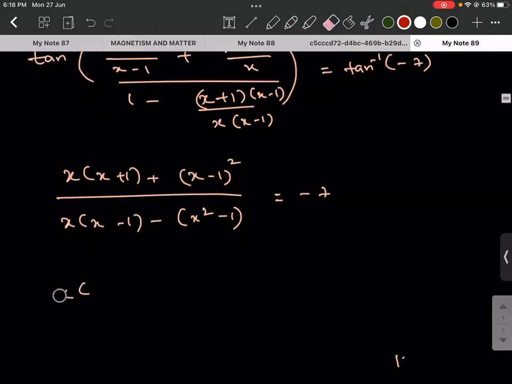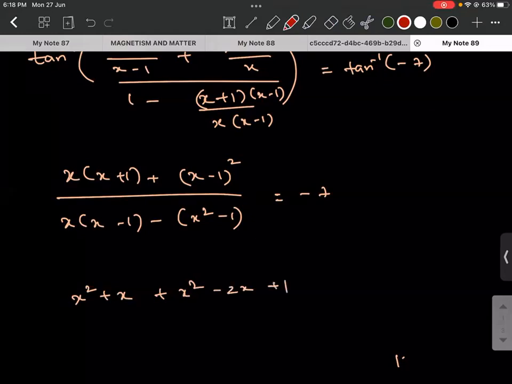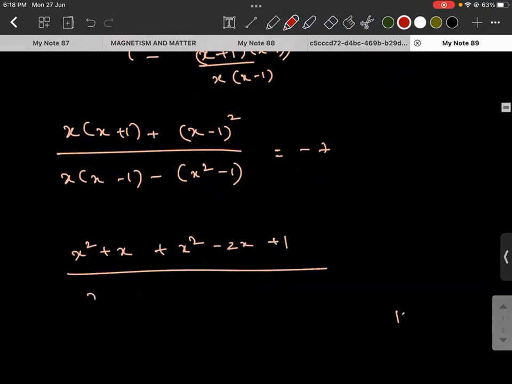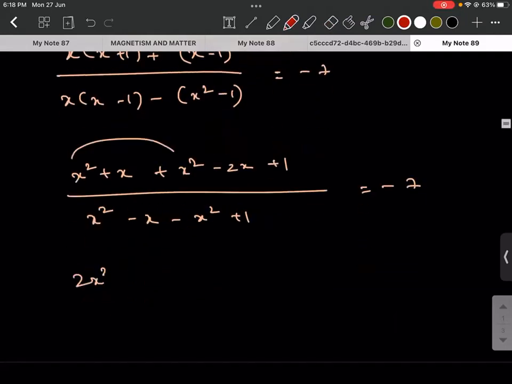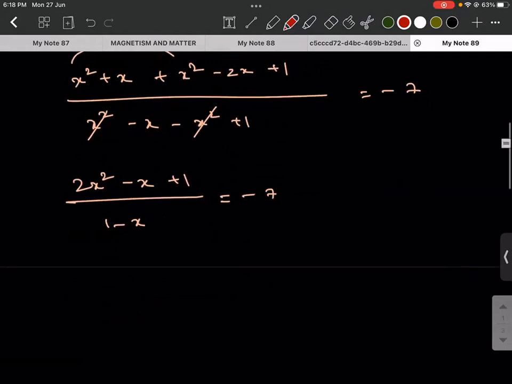So x square plus x square minus 2x plus 1 the whole divided by x square minus x square plus 1 is equal to minus 7. Right? So 2x square minus 2x plus 1 divided by 1 minus x is equal to minus 7.